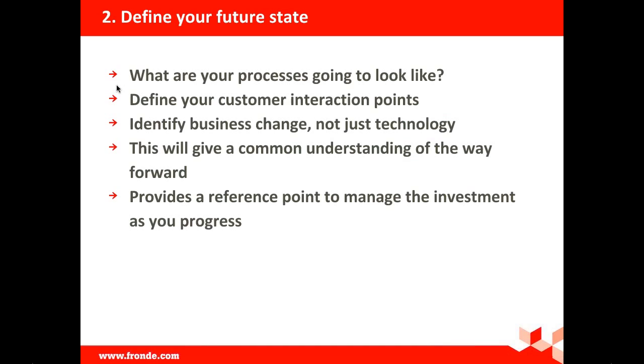So often when you're rolling out Salesforce or any CRM, it's not just new software that you're bringing into the business, you're asking people to change the way they work as well. If you're going to be getting leads from your website, you'll need someone to look at those leads when they come in, validate them, perhaps qualify them in some way, and then take an action after that. So that's a business change, not just technology.